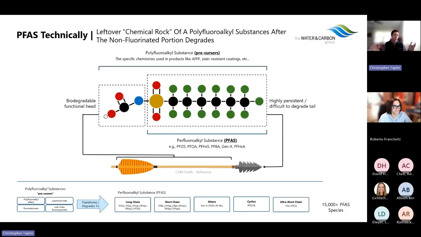The flute and the shaft are going to be degraded. They're going to be gone, just as you would expect the precursor aspect of PFAS to be gone, right? It's degraded, it's done with. But what you may find is the arrowhead itself, the stone aspect of it. The stone arrowhead aspect of a precursor plus PFAS compound is the PFAS itself.